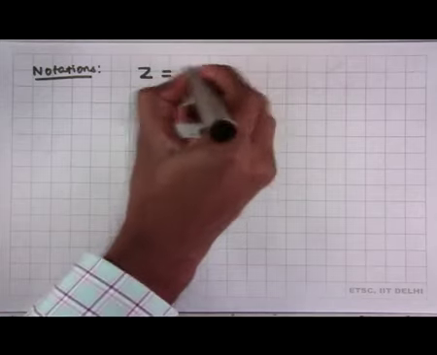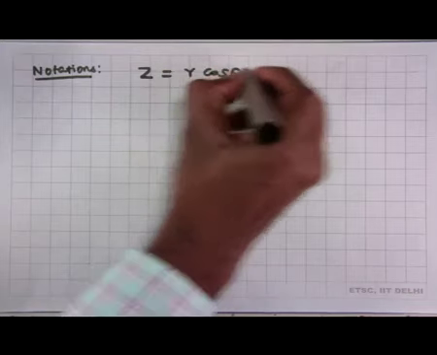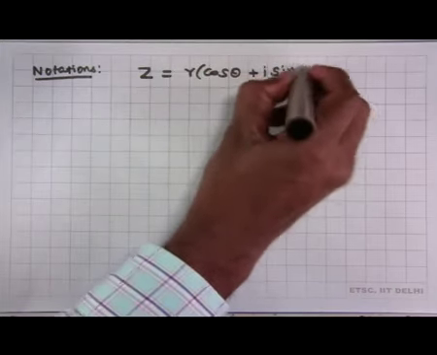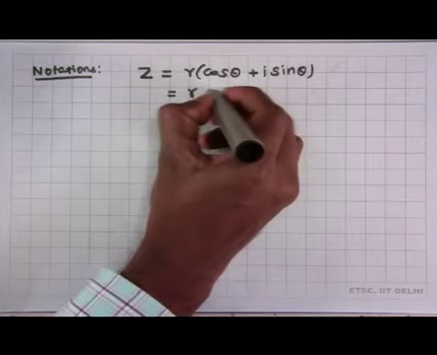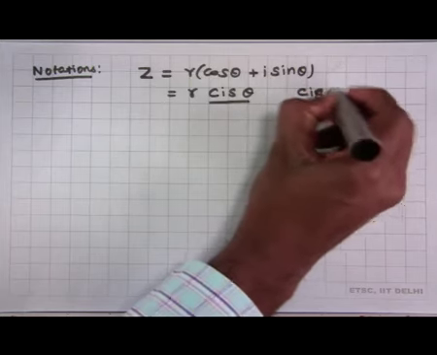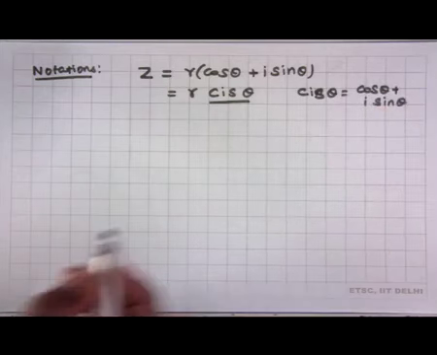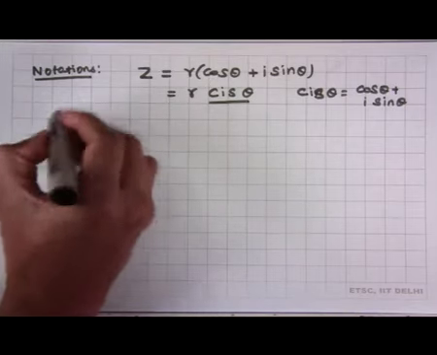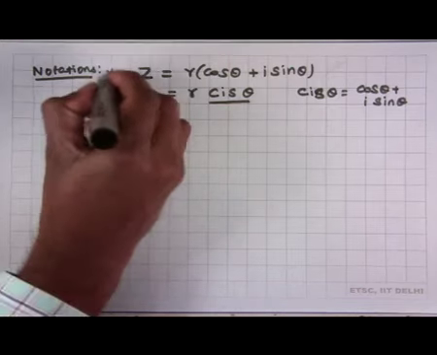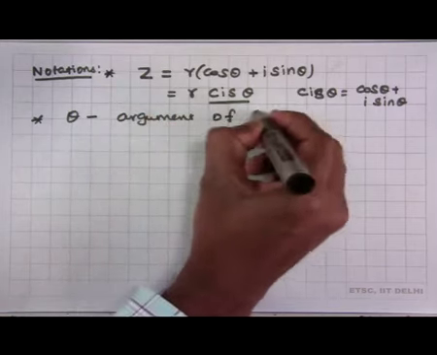We write the complex number in the polar representation, that is r cos theta plus i r sin theta, as r times cis theta, where cis theta is cos theta plus i sin theta, and theta is denoted as the argument of the complex number z.